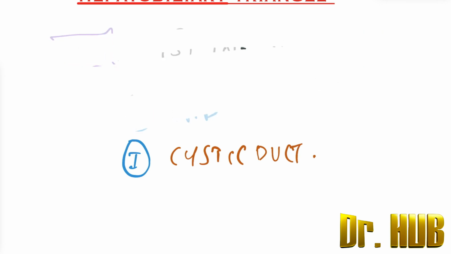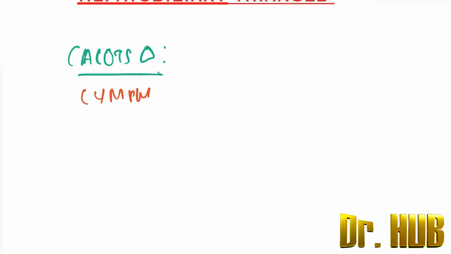Other important things to notice: what are the contents of Calot's triangle? When we look at Calot's triangle, we are looking at the contents. The contents of Calot's triangle include a lymph node.